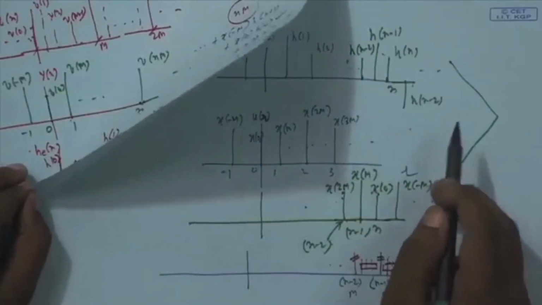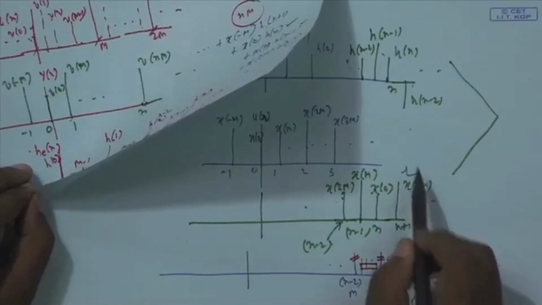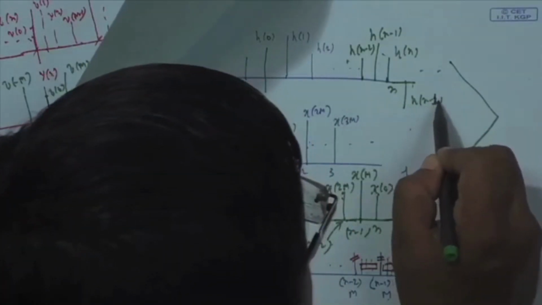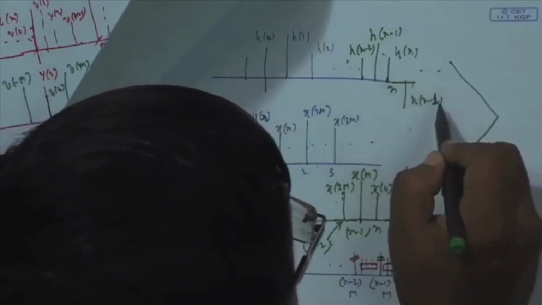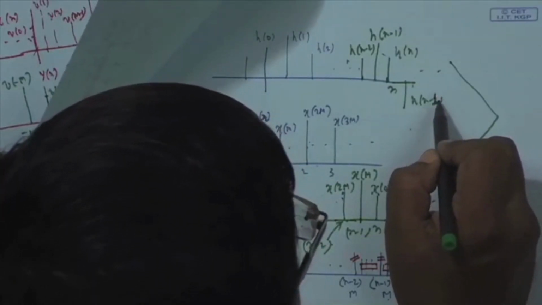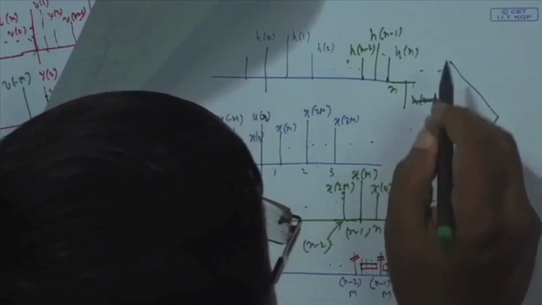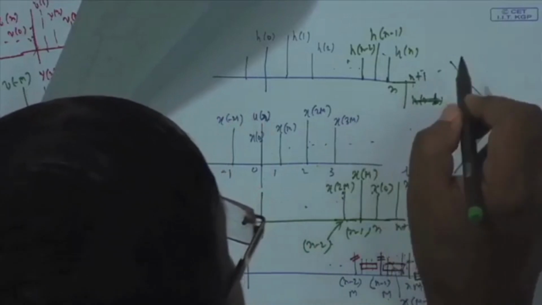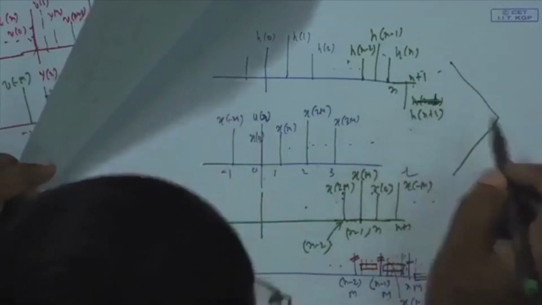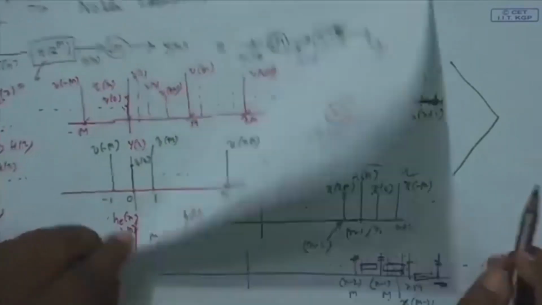On this side, this sequence, this point is n plus 1. Sorry, yeah, this is n minus 1. So, I will have h n plus 1. Okay. So, h n plus 1 x minus m, this, and so and so.